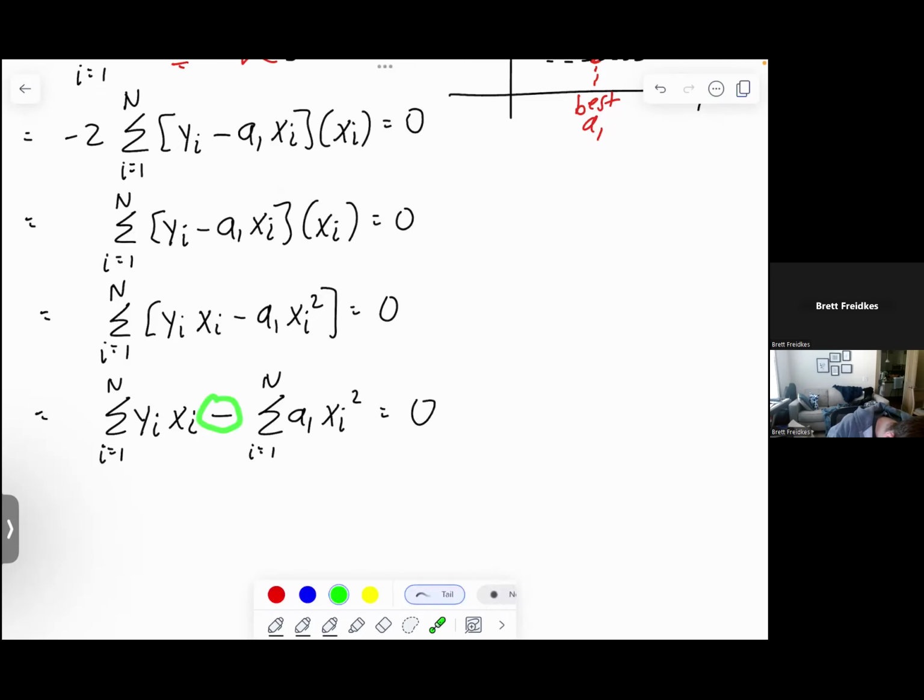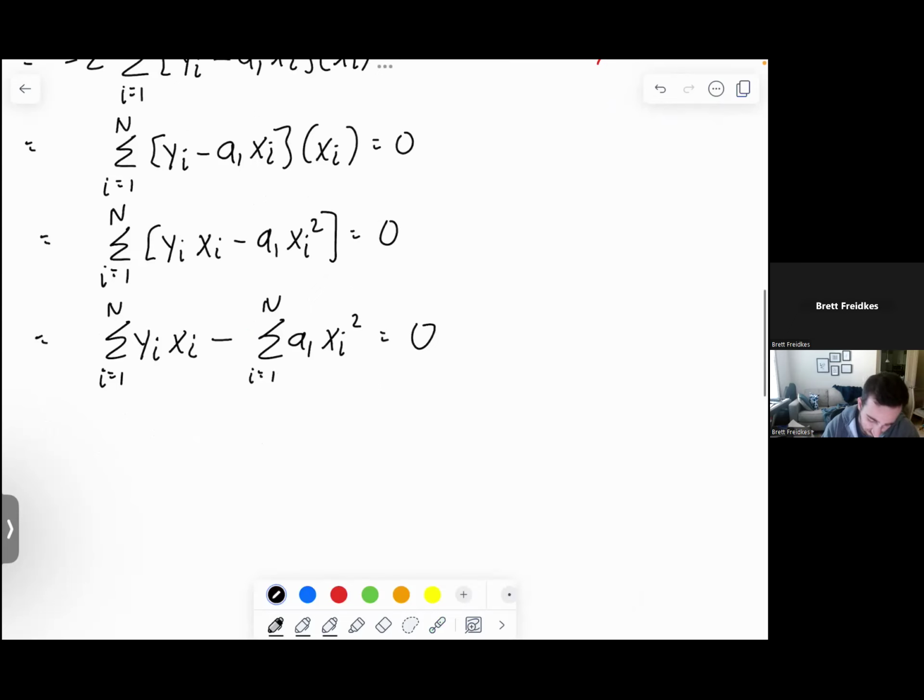Where this minus sign here came from that minus sign. Constants come out of the summation, just like the 2 did earlier. So we can take the a1 out. And we can move this guy over to the other side because it's negative. We took the a1 out.